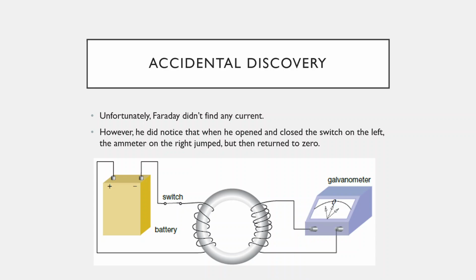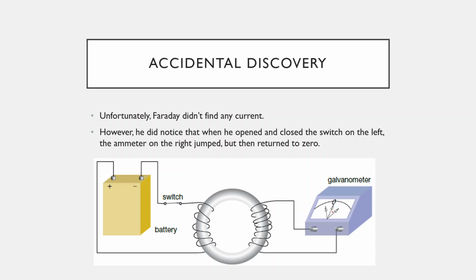So just the battery being on by itself isn't what produces this current, because once we leave the battery on, the ammeter on the other side returns to 0, even though the battery's on over on the left.